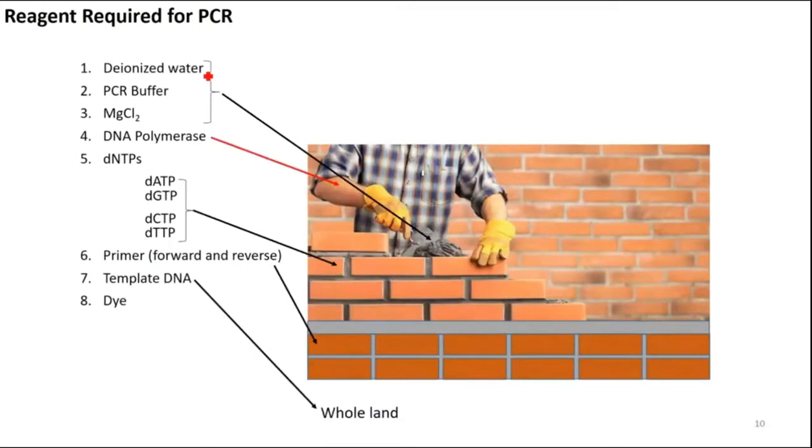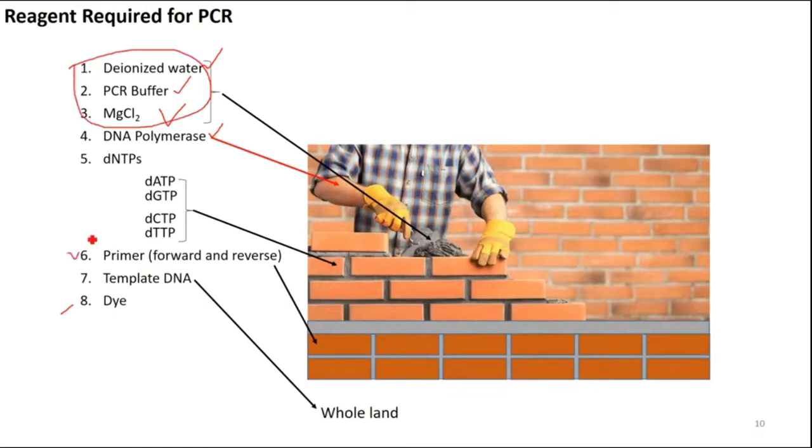Okay, so deionized water, the PCR buffer, magnesium chloride, dNTPs, DNA polymerase, primers, DNA template, and dye. All these are usually the components of a PCR. Of these, the first, second, and third ones are similar to the cement that a mason puts to build a wall, and the DNA polymerase is similar to the mason building the wall, and the bricks are similar to the dNTPs that are utilized, and the wall is then built.